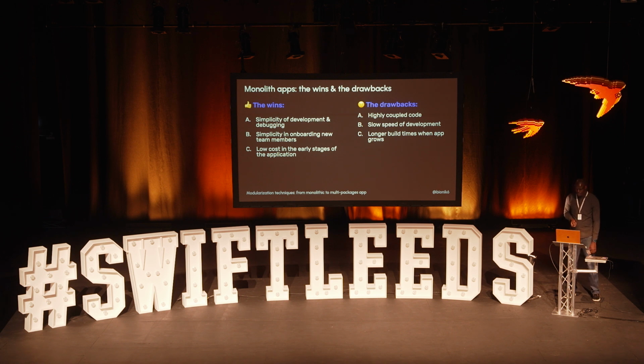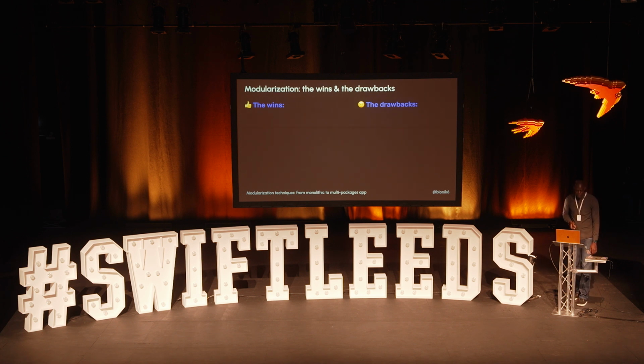Longer build time when the app grows, and it is perfectly normal because you are adding more and more features. And testing becomes a little bit harder because once you start to test a feature, chances are that feature will talk to another feature, and you can't test directly in isolation. And last but not least, the barrier to adopting new technologies.